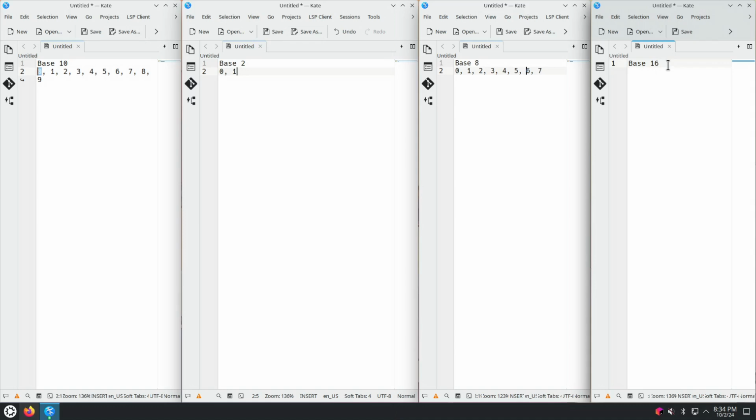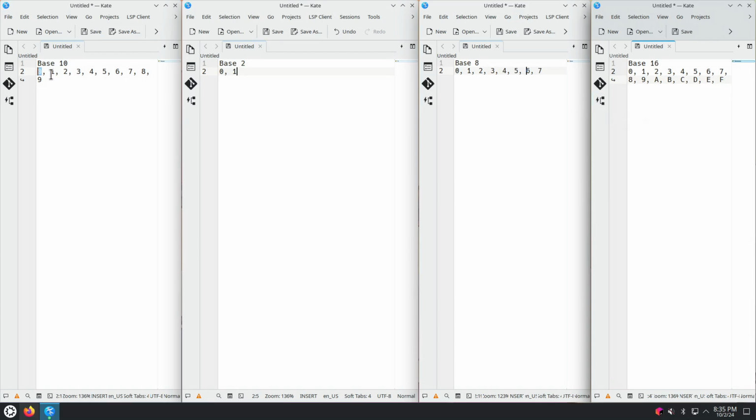And base 16 is 0, 1, 2, 3, 4, 5, 6, 7, 8, 9. And since 10 is not a digit, it uses the digit A, B, C, D, E, and F. So this is, as it were, the alphabet of these numeral systems.